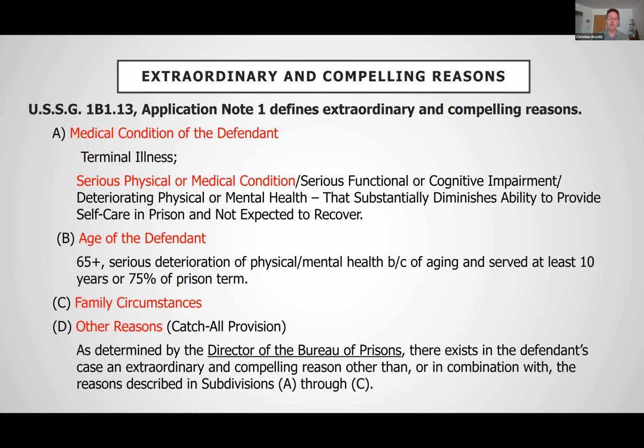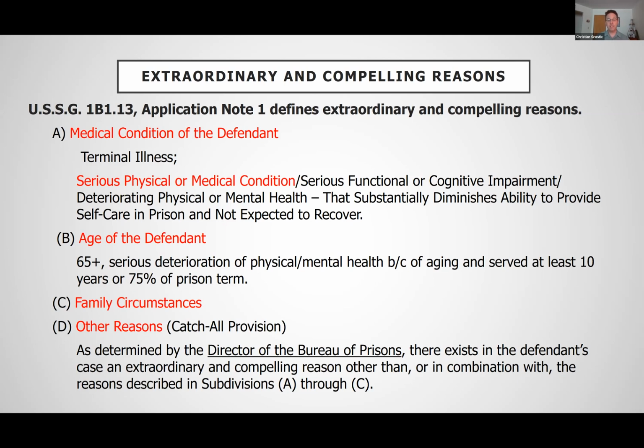Now, section D, and we have underlined there, right? It says as determined by the director of the Bureau of Prisons, there could be other extraordinary and compelling reasons. Stepping back, this policy statement was adopted back before the First Step Act, when the only way to get a compassionate release motion into court was through the Bureau of Prisons.